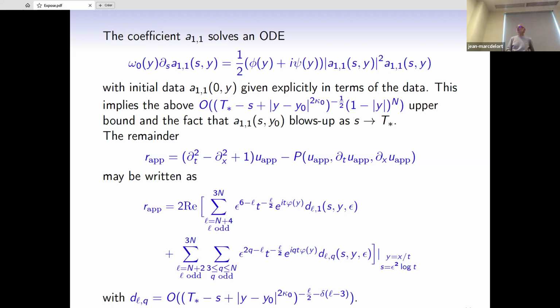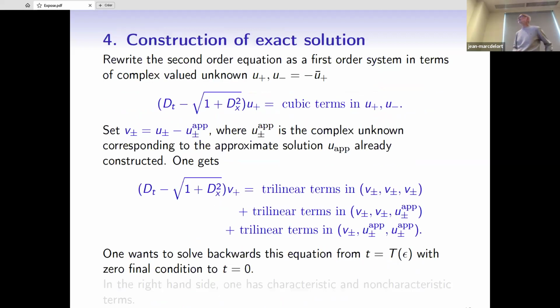And so to conclude the proof, you need next to construct a true solution which will be close to the approximate solution. If you may do so with a close enough, with a small enough error, then you will be done. So let me explain how one does this last part of the proof.